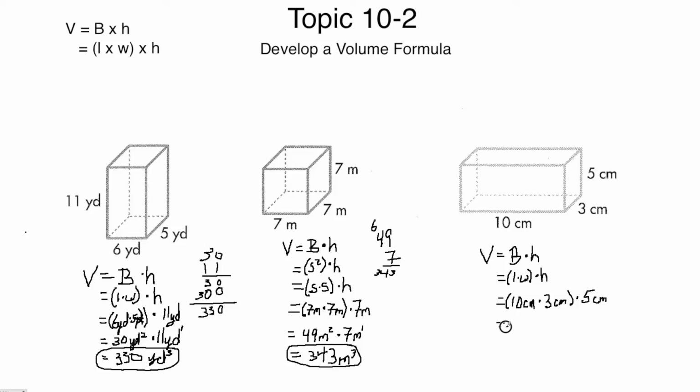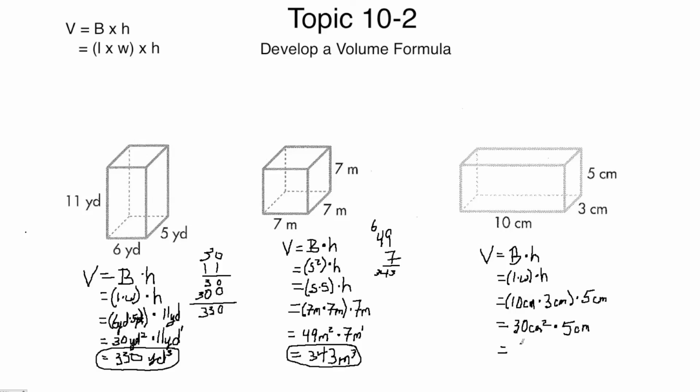Now let's chug. What's 10 times 3? That would be 30. What's a centimeter times a centimeter? Centimeter squared. And we're going to multiply that by, bring down the height, which is 5 centimeters.